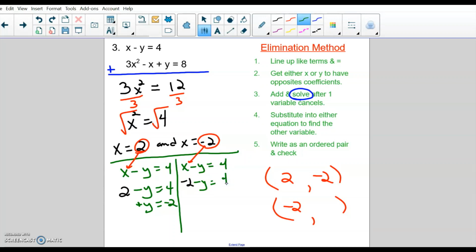This time we're going to add 2 to the problem. So negative y equals 6. And we'll change those signs because I don't want a negative y, which gives me negative 6 for my second y value, which finishes off the elimination method for example 3.